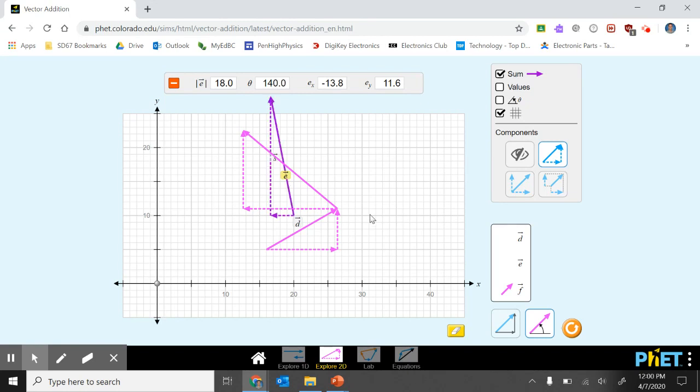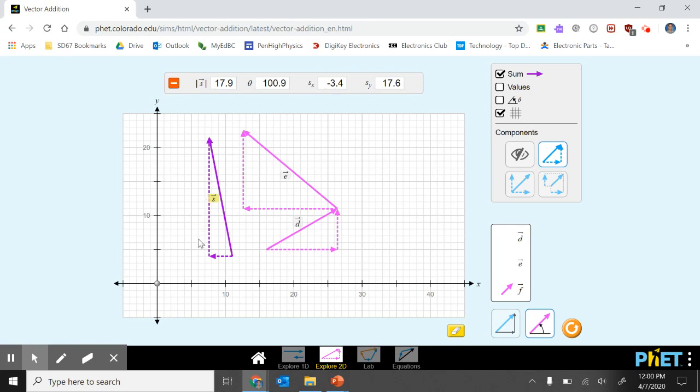So if I click on the resultant and line it up as we do, where we start our resultant at the start and at the end, if we add the X components of our individual vectors together, it's going to give us the X component of our resultant. Okay, similarly, if we do that with our Y components, we add the Y component of vector D and the Y component of vector E.